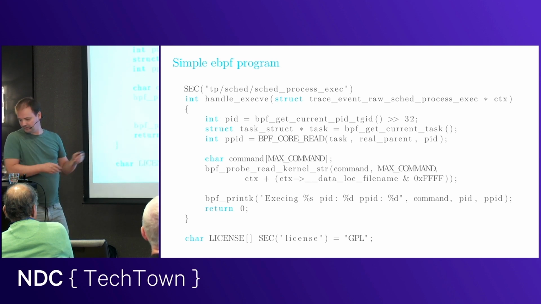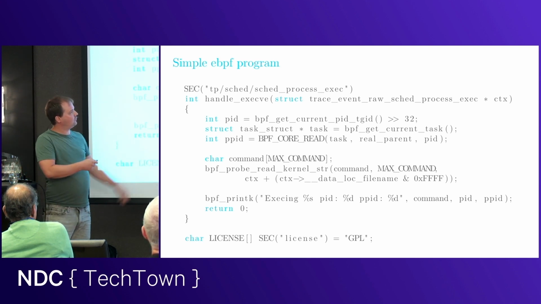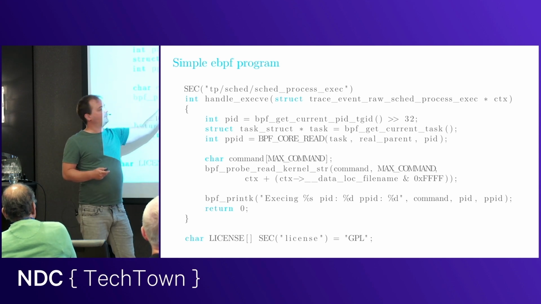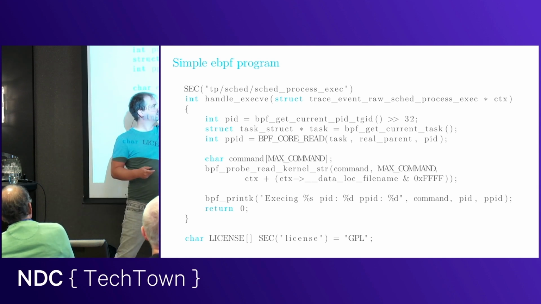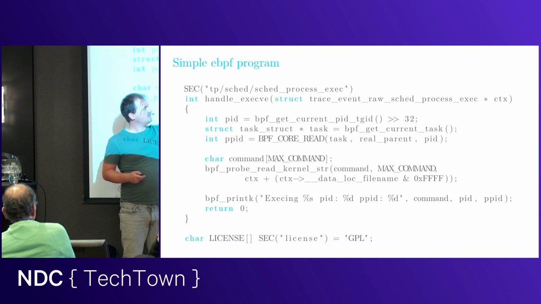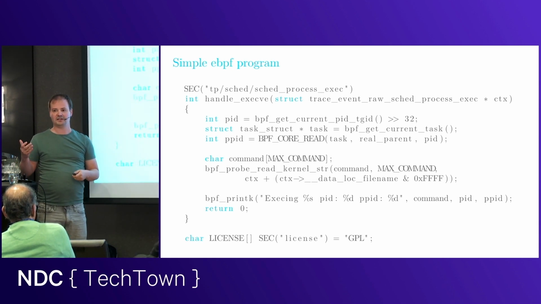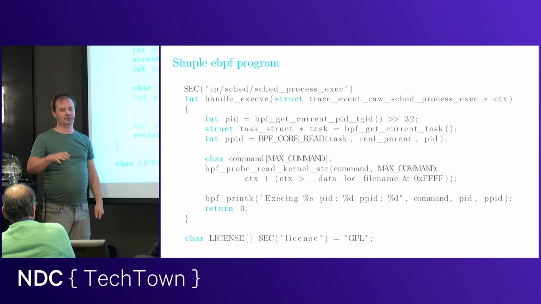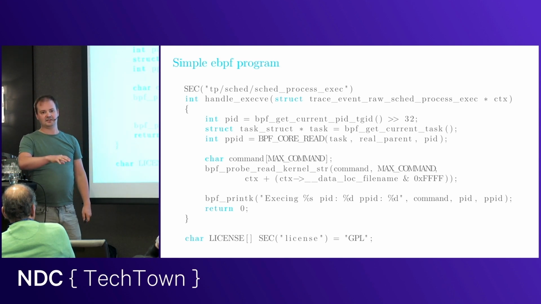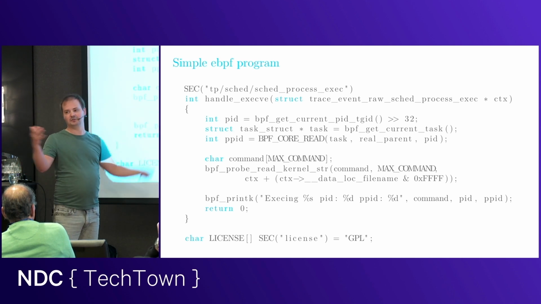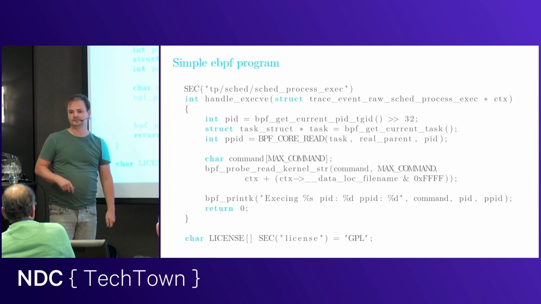Then we have this BPF_CORE_READ, which is a helper function to help reading out the memory from a structure. And this bpf_get_current_task is one of the helper functions to get information about the current task into BPF space. That's not something you have access to normally, unless you use this helper function to get that memory region.